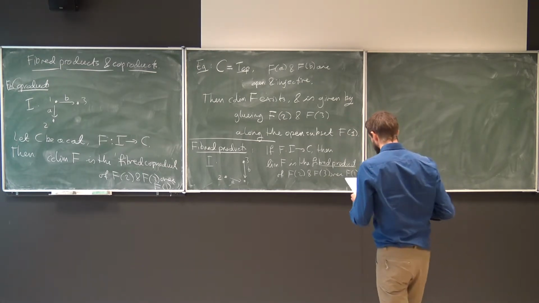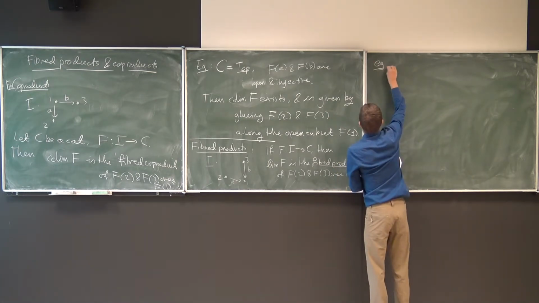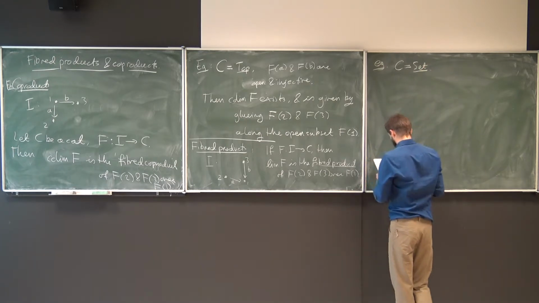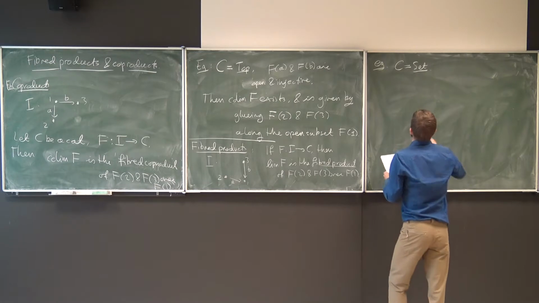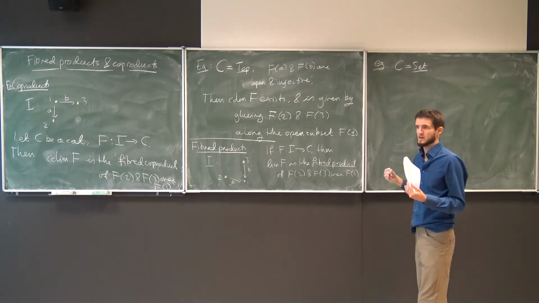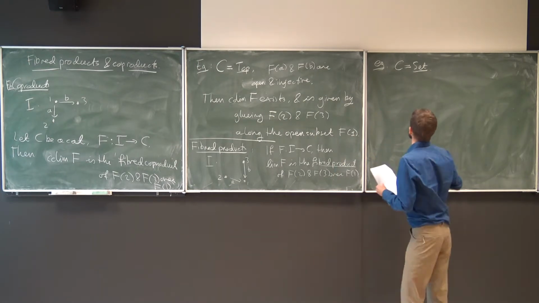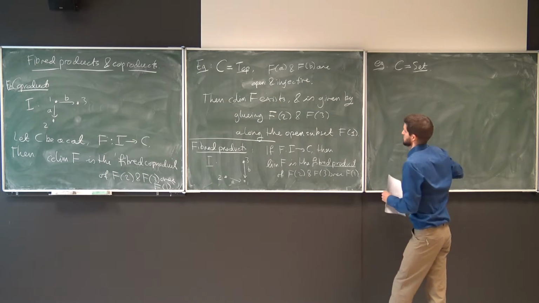So for example, let's take C to be the category of sets. We know how products work in the category of sets. You can naively think of them just in terms of Cartesian products, pairs of elements. It turns out the fiber product has a similar interpretation.